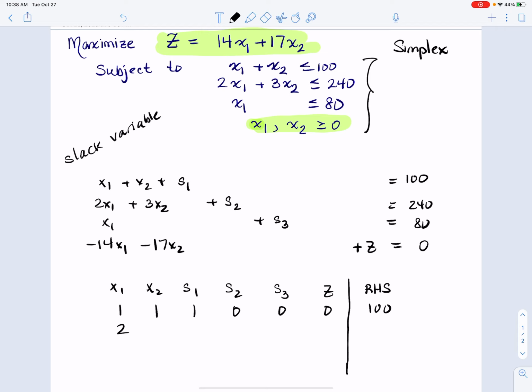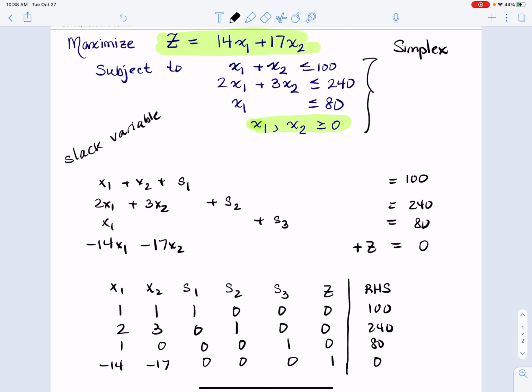And then I'm going to have 2, 3, 0, 1, 0, 0, 240. Then 1, 0, 0, 0, 1, 0, 80. And for the bottom row, and this is the weird row, negative 14, negative 17. No slack variables in the objective. The coefficient of z is 1, and I am at 0.